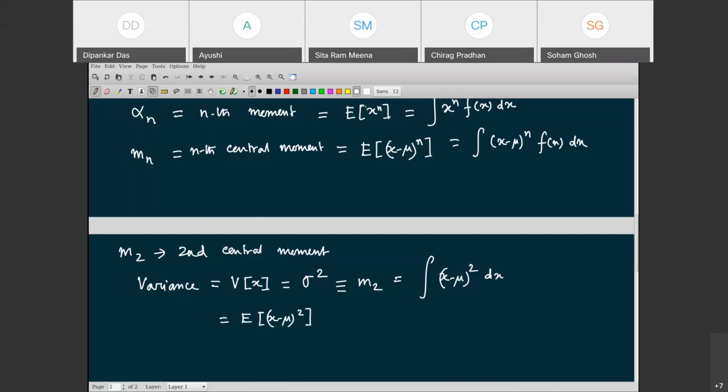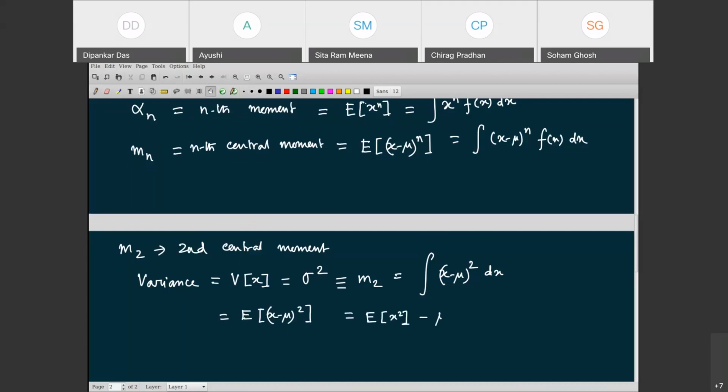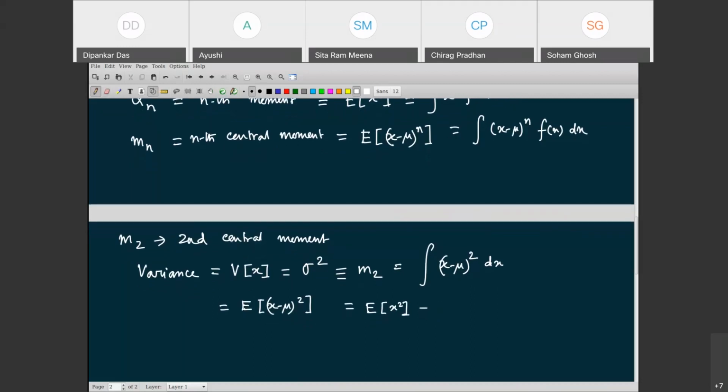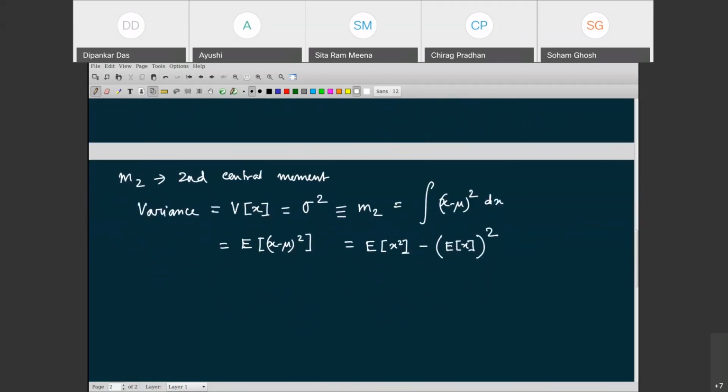Remember that I will sometimes write it interchangeably as the expectation value of x square minus mu square. This is simply because you can expand this (x minus mu) square into its binomial expansion form: x square minus 2x mu plus mu square.